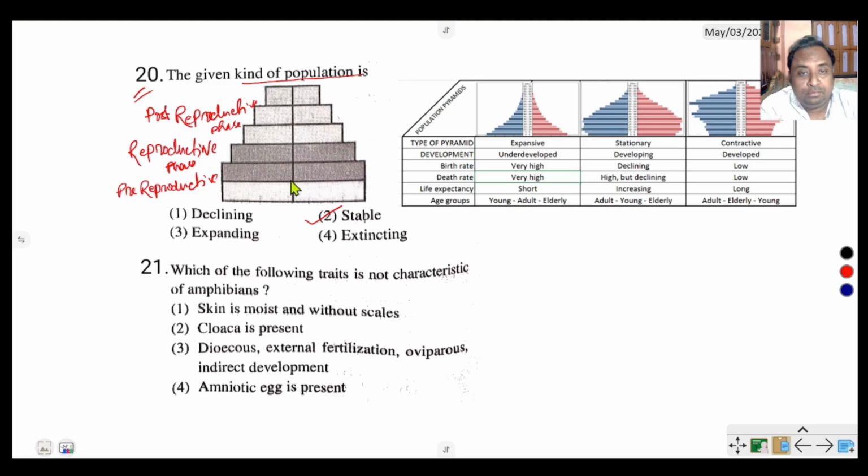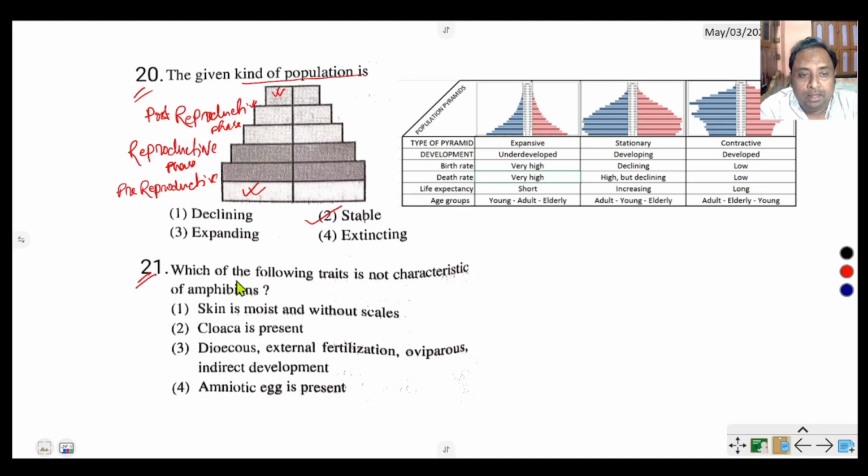That means the number of young people is higher and the number of old people is least. This is the stable pyramid, which represents the population curve in developed countries like USA, France, Russia, etc., where young age people are more than old age people.